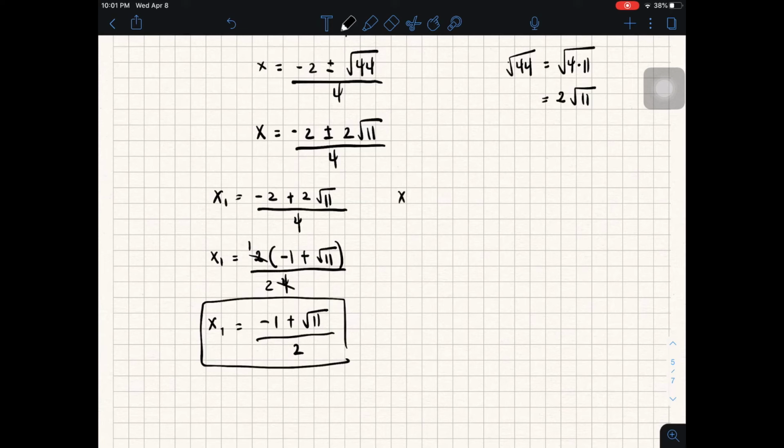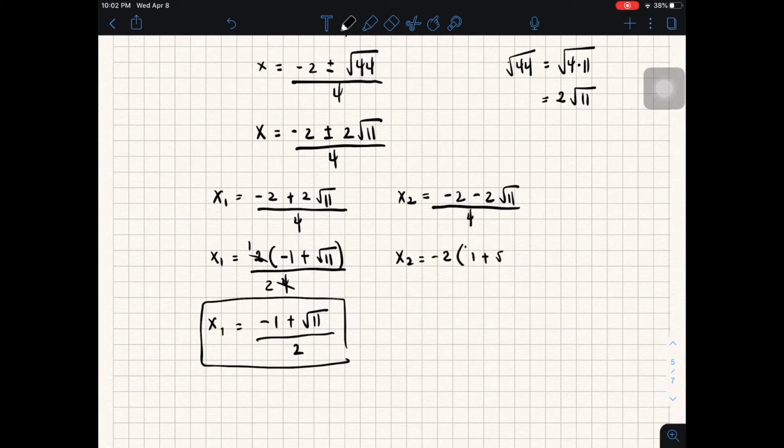Then, for the second value of x, we have x sub 2 is equal to negative 2 minus 2 square root of 11 over 4. Now, common yung 2. So, we have x sub 2 is equal to 2. Pwede naman siguro negative 2 na lang.